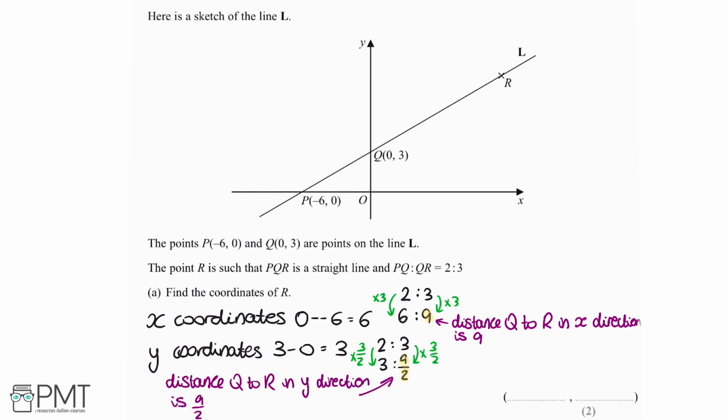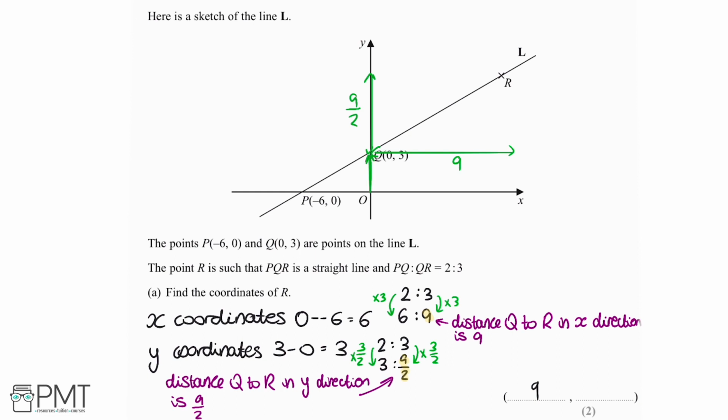So look at R. We want to know its position on the x-axis and on the y-axis. We know that going from Q to R is a distance of 9 in the x direction, which is the same as going from the origin to R. So the position of R on the x-axis is 9, and we can put in an x value of 9. Going from Q up to R is a value of 9 over 2. However, the y coordinate of R isn't 9 over 2, because we've still got the bit from the origin.